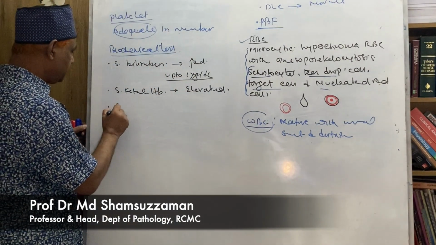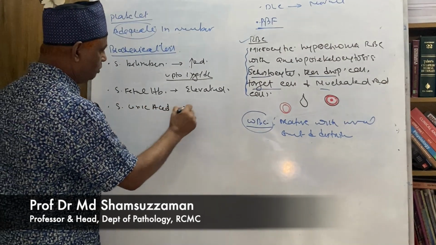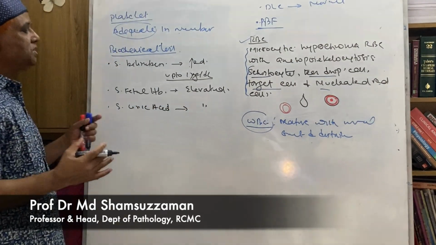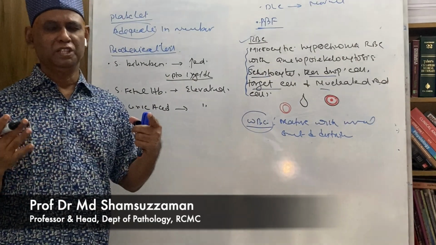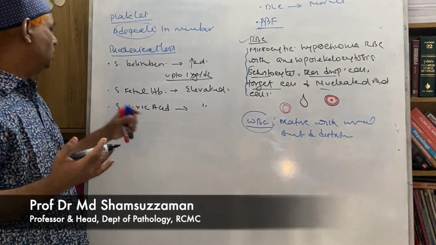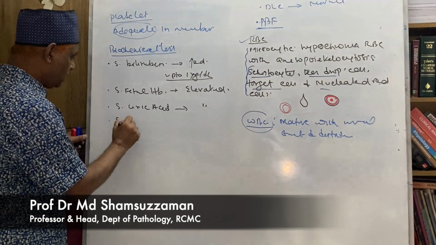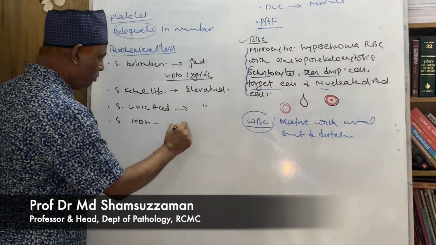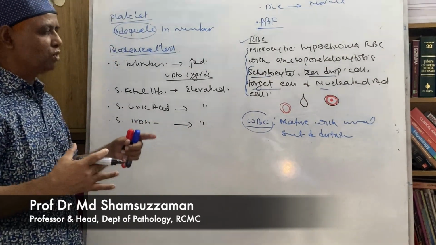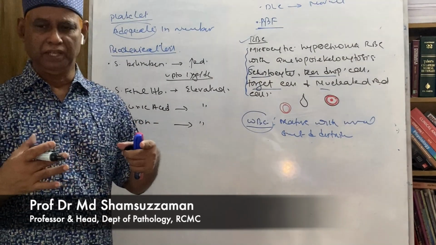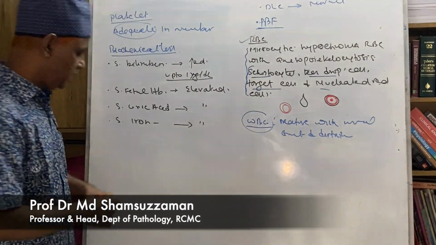Another one, serum uric acid. It will be elevated because there is turnover of cells, there is massive destruction of red cells. It leads to increased uric acid level in the blood. Then serum iron, it will be elevated. As there is hemolysis, iron is released from the hemoglobin, and this released iron causes increased serum iron.